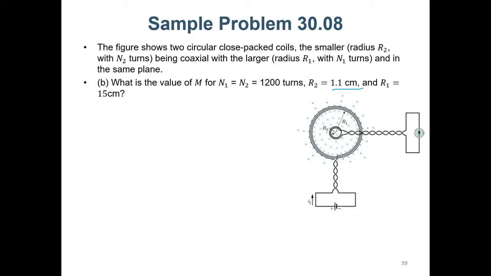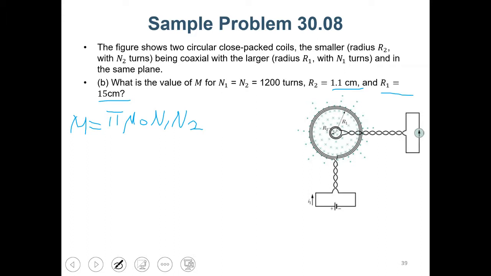R2 is 1.1 centimeter, R1 is 15 centimeters. So we have M equals pi mu 0 N1 N2 R2 squared over 2R1, and we substitute all the numbers.